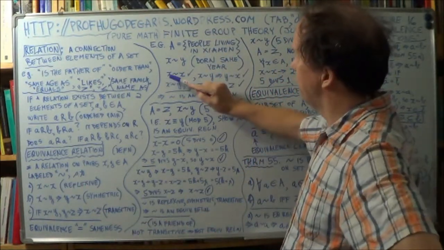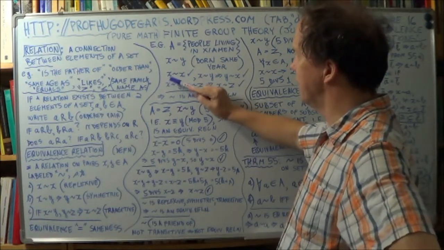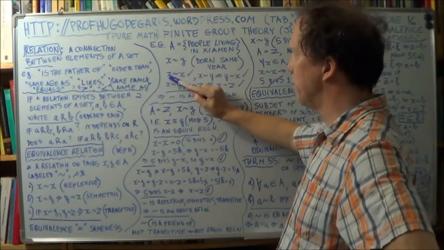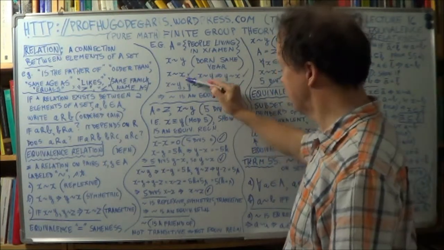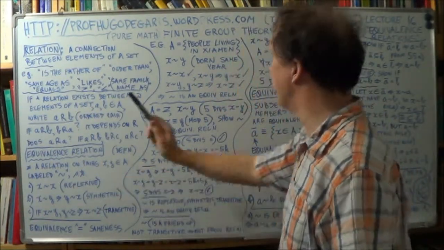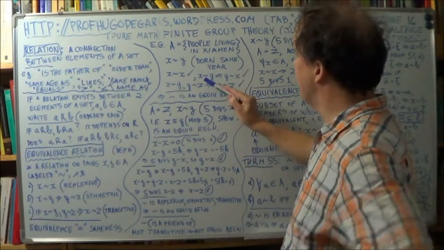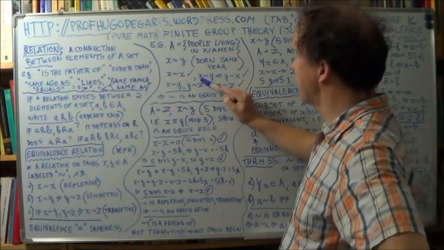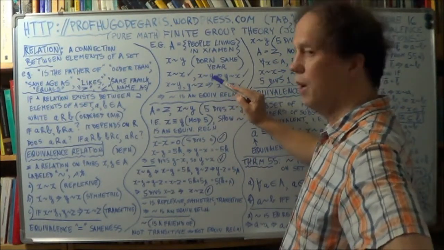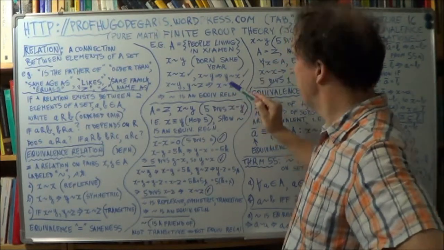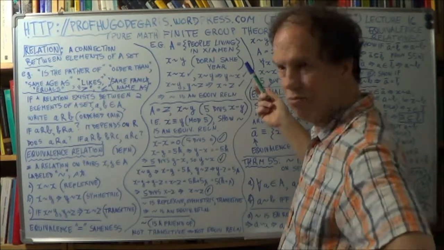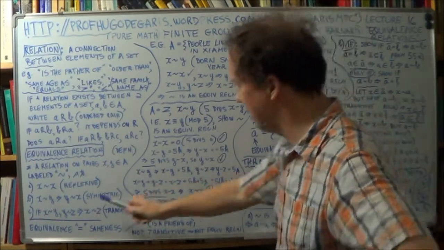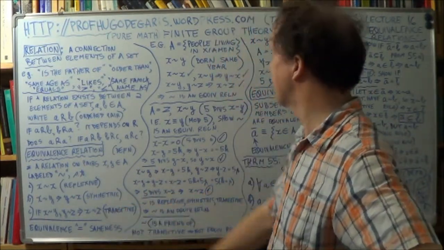So if person X, is that person born in the same year as himself? Of course, right? So therefore reflexive. Okay. Now, if person X is born in the same year as person Y, well, obviously person Y is born in the same year as person X. Okay, that's just common sense. So yes, symmetric. Okay.